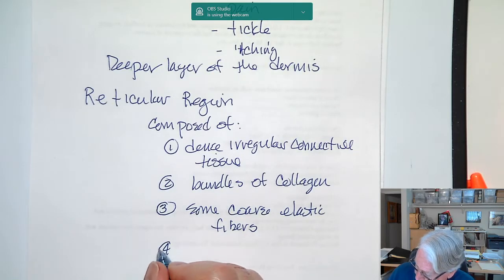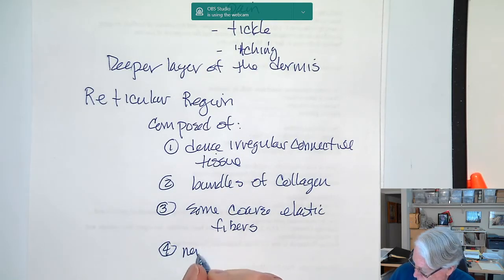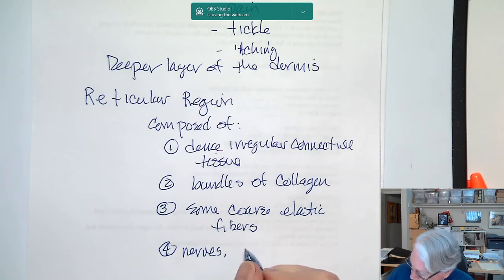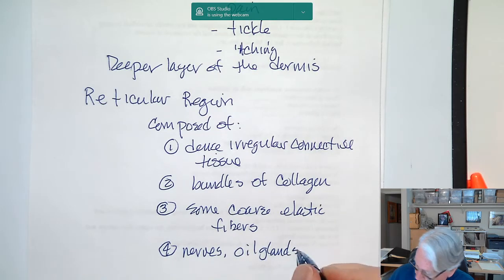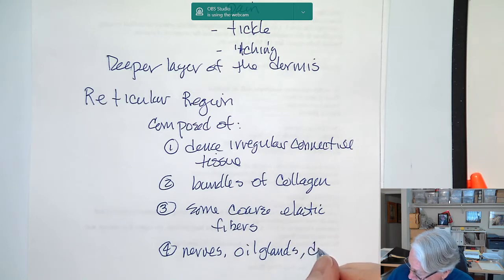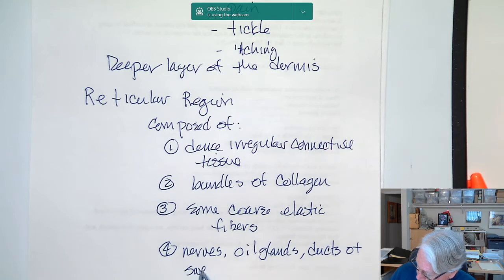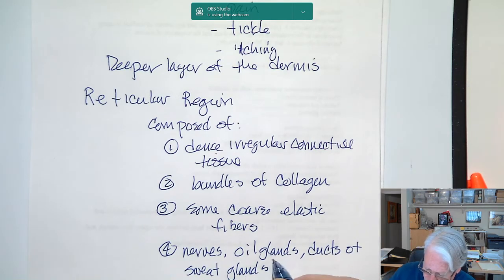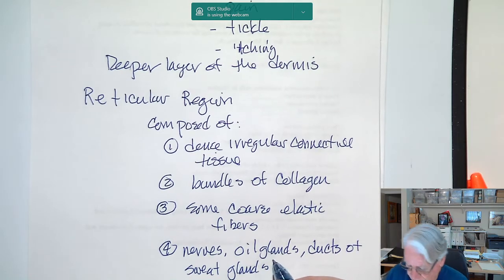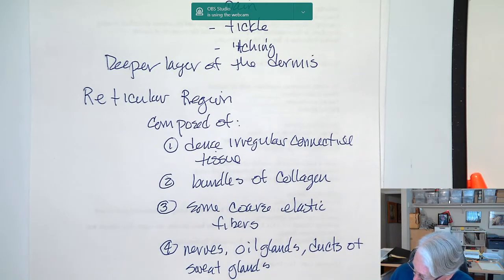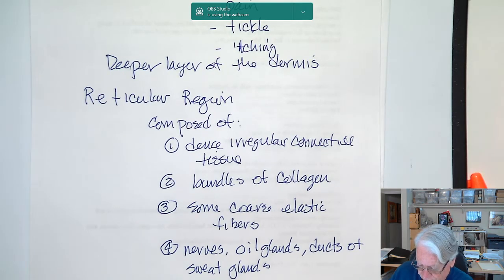And we'll find nerves, oil glands, ducts of sweat glands, and some adipose tissue.